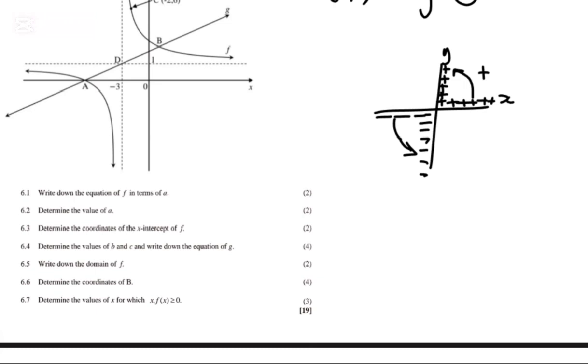So when they ask these type of questions, where do I get x times f of x greater than 0, meaning greater than 0 plus, they're referring to quadrant 1 and 3. If this question was the other way around, they would have referred to these two quadrants. Okay, so now we know what quadrants we are talking about.